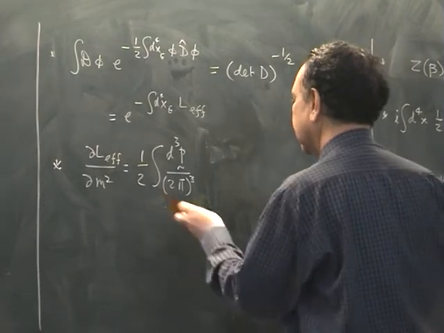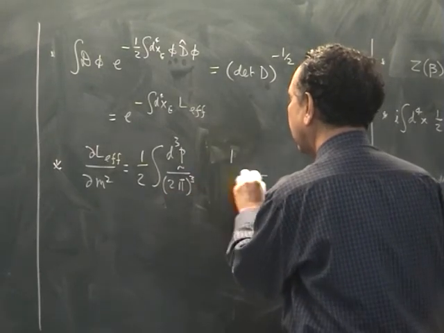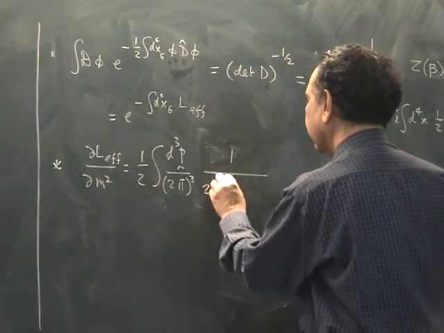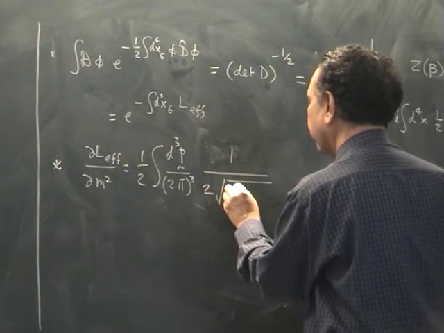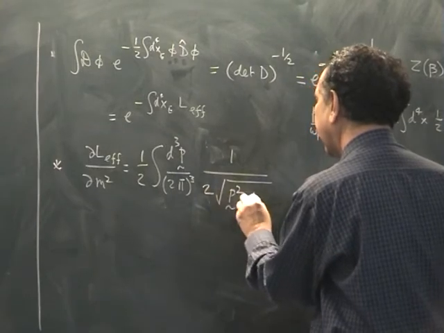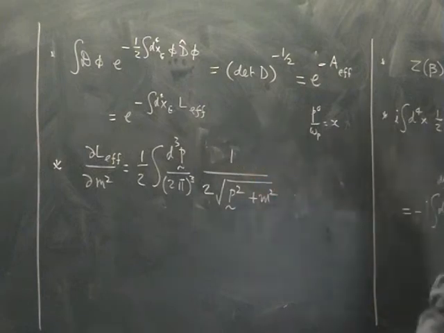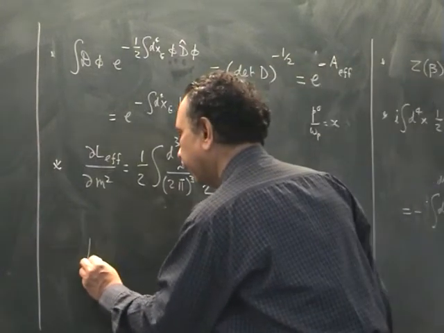So this is 1 upon 2 square root of p square plus m square. This is dL upon dm square, so integrate again.